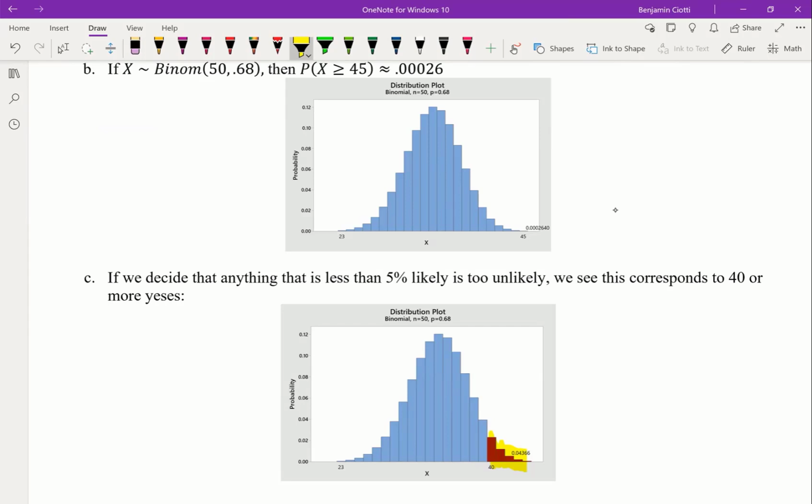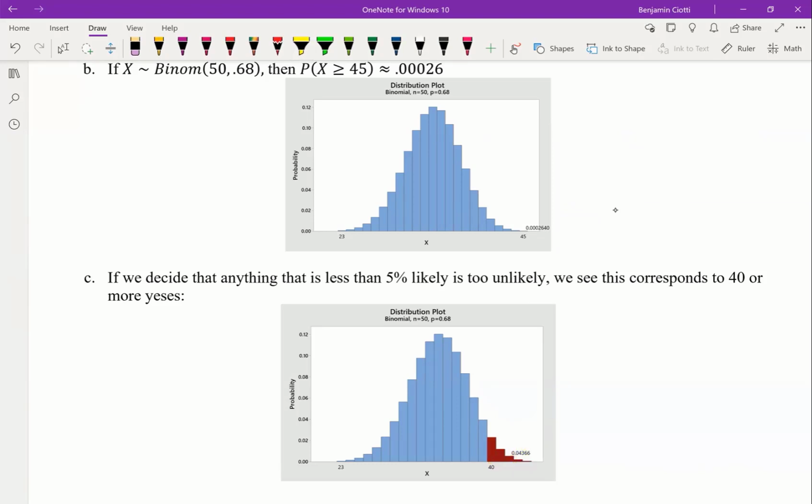And using software, I found that this will happen at 40. So the red area right here is a little bit less than 5%. 40 was the smallest number such that the area to the right was less than 5%. It actually turned out to be 0.04366.